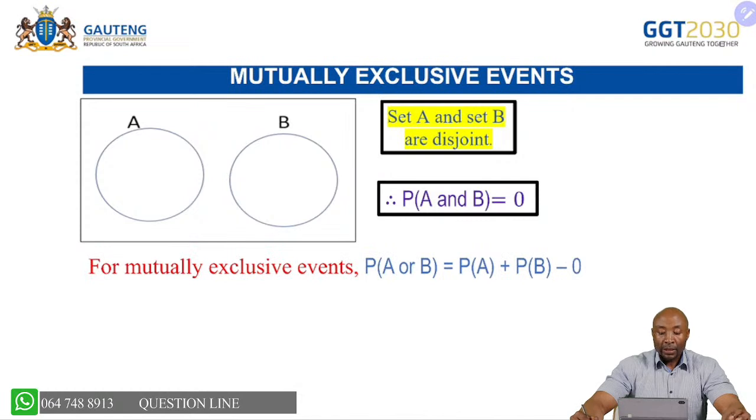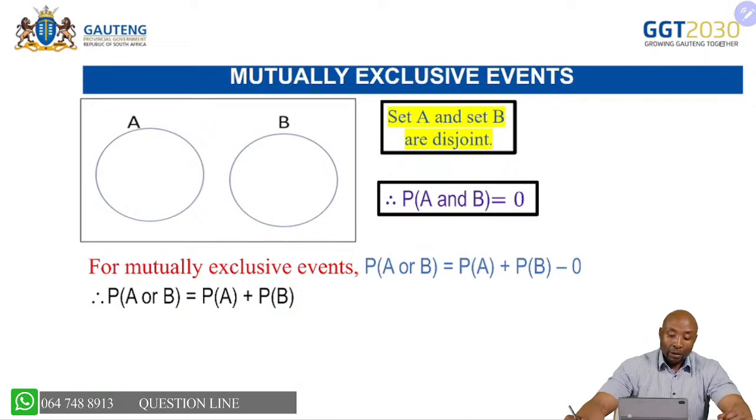For mutually exclusive events, using the identity, where we have AND, we substitute with 0, and therefore we can use the probability of A or B is equal to the probability of A plus the probability of B when you are talking about mutually exclusive events.